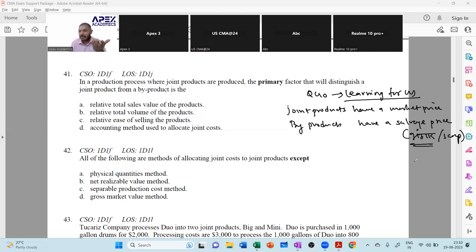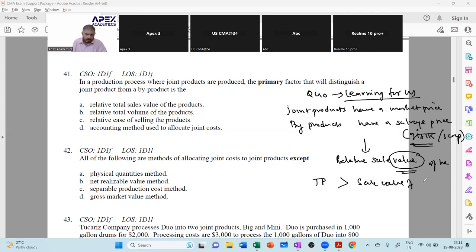So joint products have a market price, whereas byproducts have a salvage or a bhangar price. What is the meaning of this? The meaning of this is that the relative sales value, not volume, of the JP will always be greater than the sales value of the BYP.